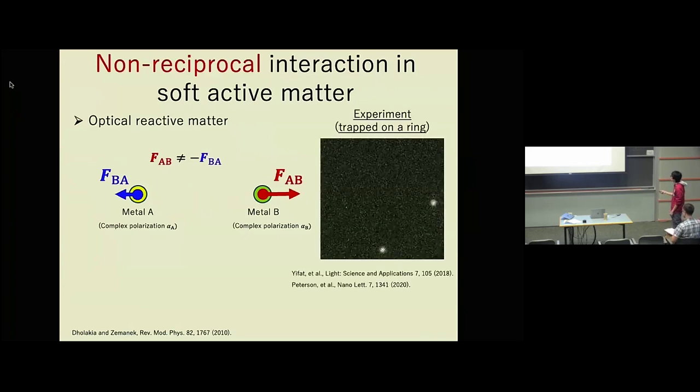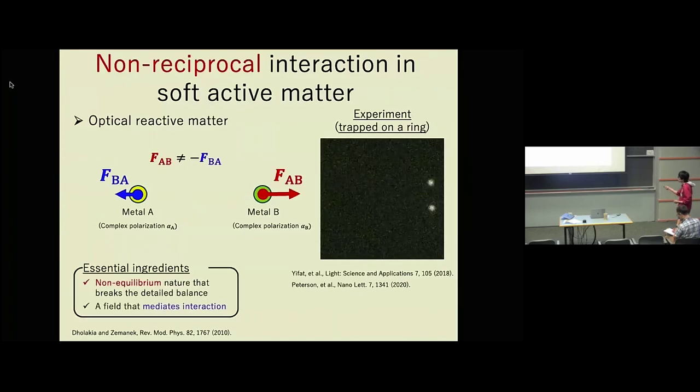And actually, there's a nice experiment where a system is trapped in an optical trap, and it's a bummer that it's so slow, not so smooth, but you see this nice chase and runaway motion that appears because of that. So what were the essential ingredients? In my opinion, firstly, it has to break detailed balance. But on top of that, it was very helpful to have a field that mediated the interaction.